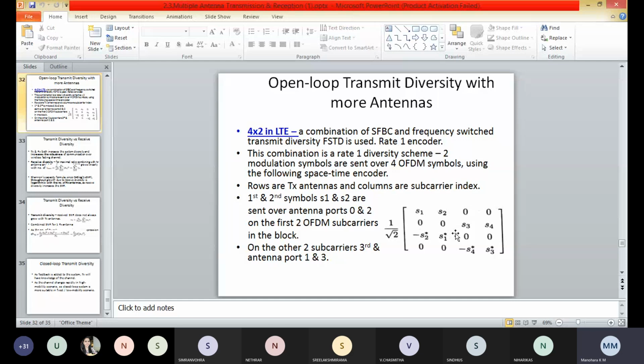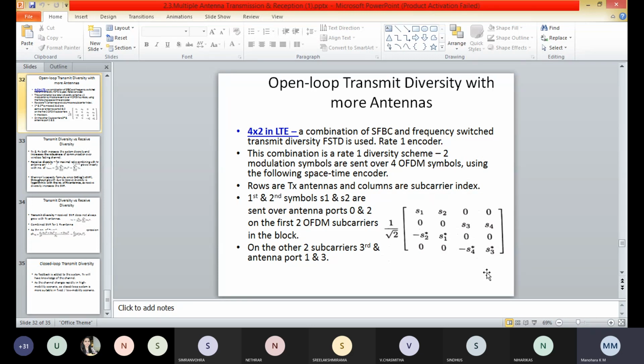So here the first and second symbols, that is S1 and S2, are sent over the antenna ports 0 and 2 on the first two OFDMA subcarriers in the block. On the other two subcarriers, the third and fourth symbols are sent using antenna ports 1 and 3, just like 2x2 SFBC. Here this encoder is rate 1 and can be detected using the simple linear ML receiver, that is the maximum likelihood detection receiver.